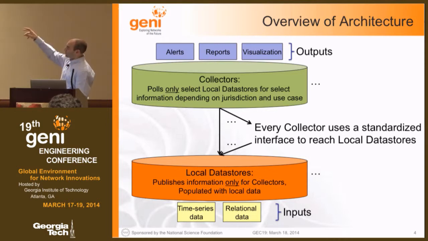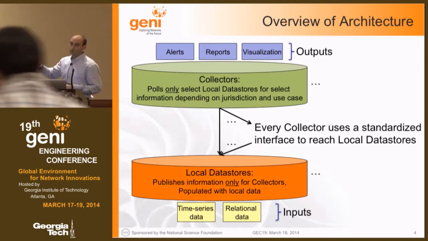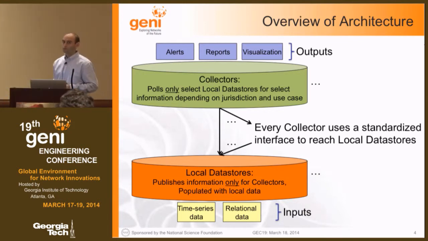The collectors will pull for the data they're interested in, in terms of their monitoring jurisdiction, like geography, or like they're interested in memory utilization data instead of reporting on what slices are being used, for instance. So it's a flexible architecture, so you can stand up your own collector to collect what information you want based on whatever aggregates you want to collect information from.